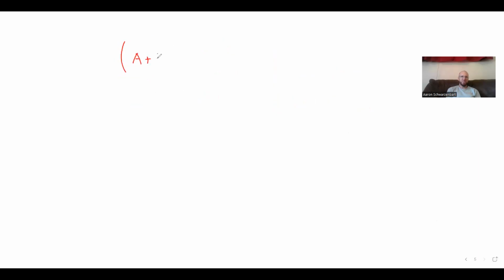So (A plus B) squared. We know when we square a binomial, we need to write it out FOIL. And you might know the shortcut for this, but you cannot use it for matrices. Now, if I knew matrix A and B, I'd just add them together and then square it. But if I don't, I'm going to FOIL.